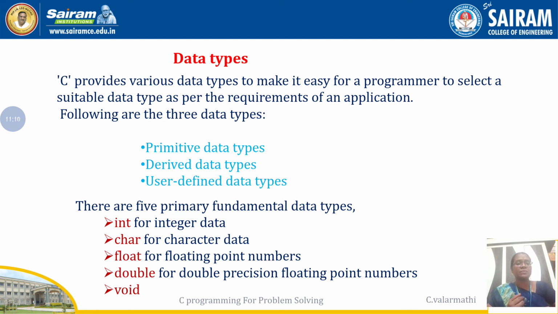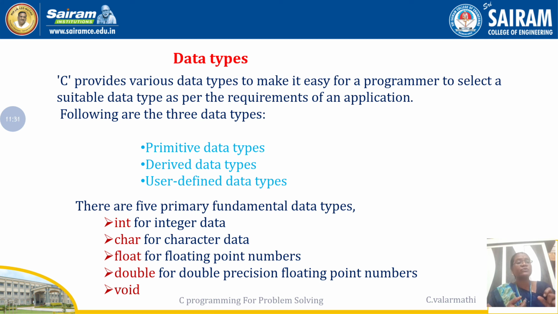First example is integer. Int is a data type for denoting integer data, a whole number. Char is for character data type. Float is for floating point numbers, and double is used for double precision.